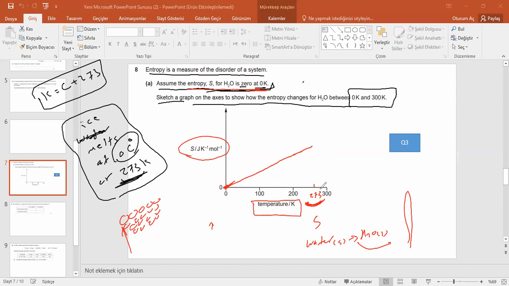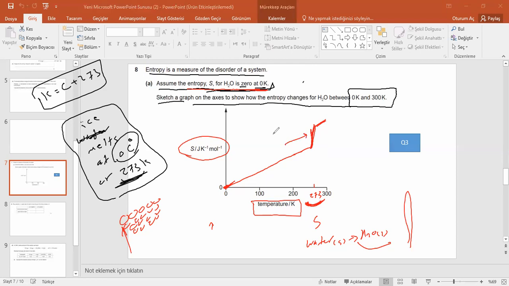So as we see, guys, at this point we see something like this in the graph. In our line, we have a large increase, and then we have a normal increase in entropy.